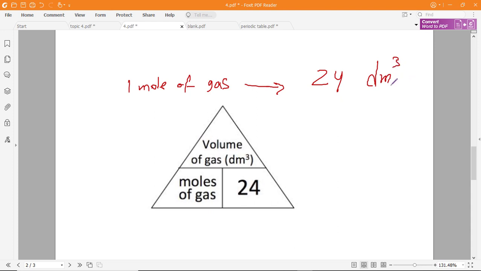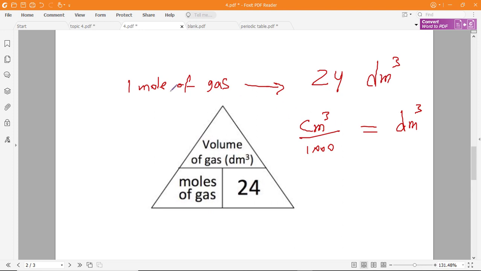And all the time, guys, take care of this decimeter cube, because in the question you will have centimeter cube, and you should divide by 1000 in order to get decimeter cube.